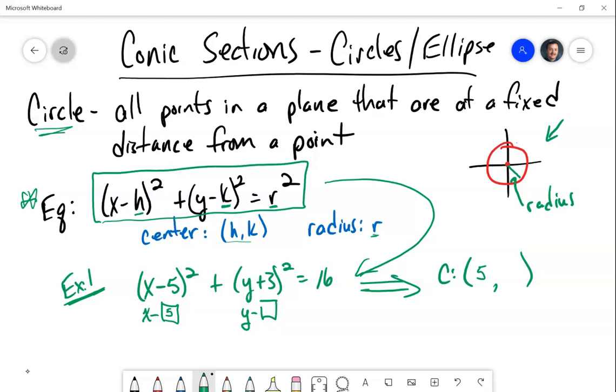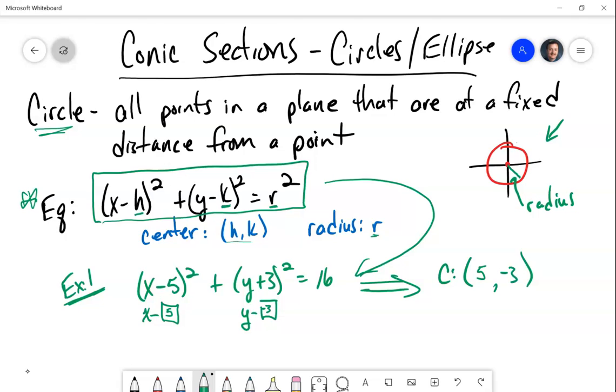Because if I can figure out what goes inside this square, then that will follow the format of my equation, y minus k. And in this case, to get a plus 3, it would not be a plus 3 here, because if I do that, I would simply have y minus 3. So this would have to be a negative 3. So if I have y minus a negative 3, that will have the result of this plus that we have in our example. So the y component would be a negative 3.